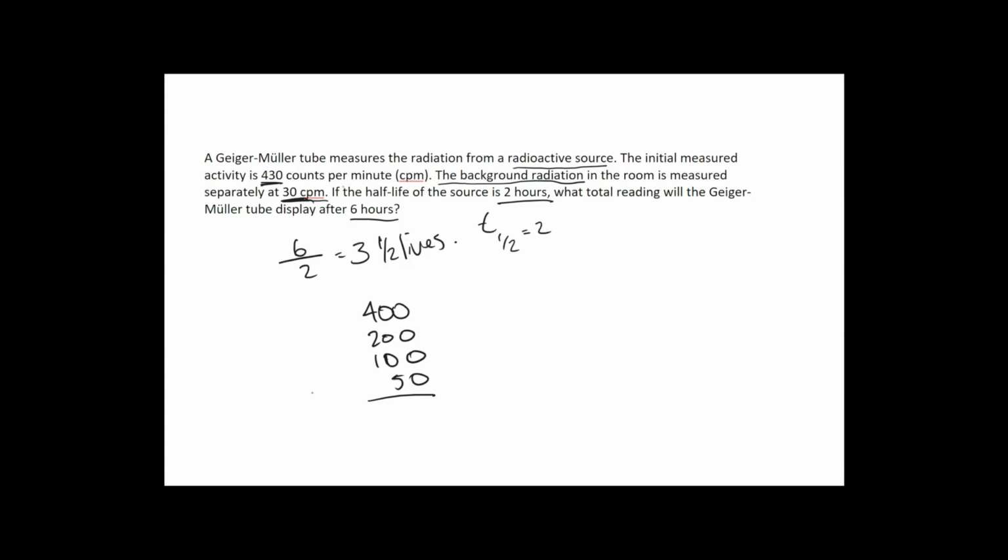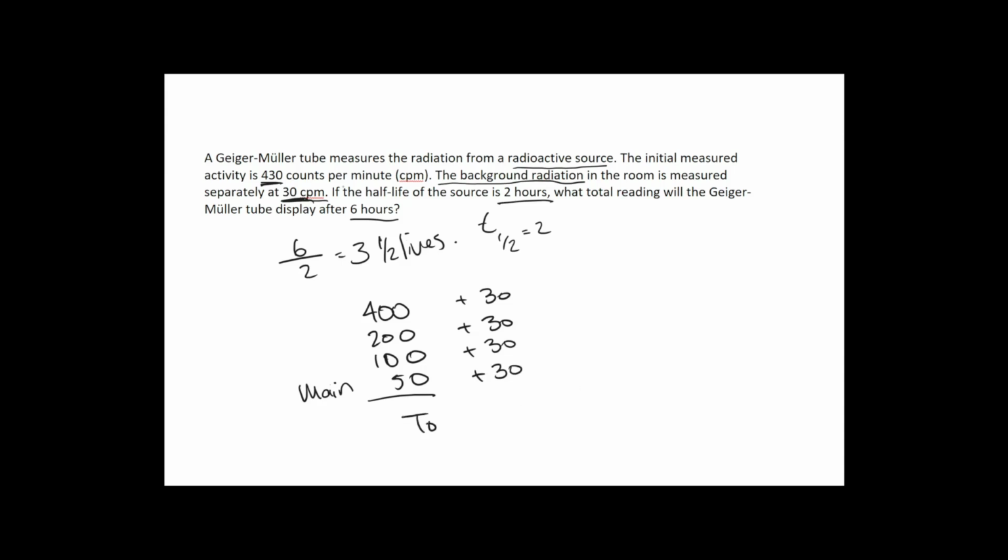So that is the main radiation. What about the background radiation? Does that fall? No, the background radiation stays constant. So it's 30 there, it's 30 here, it's 30 here, it's 30 here.